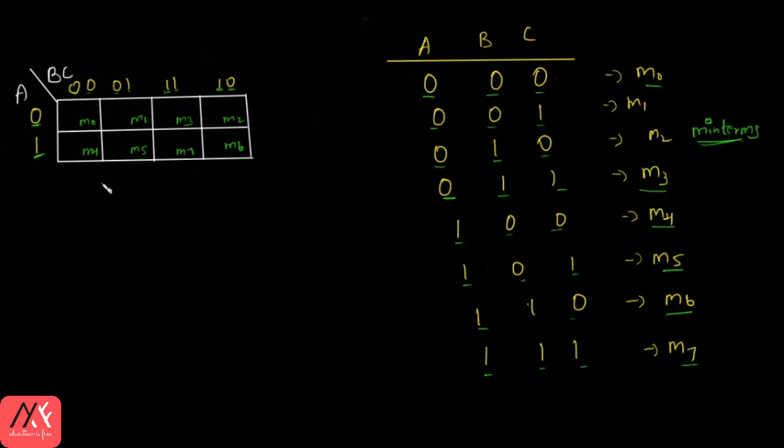Right. So let's see how to solve the groupings. M0, M1, in some textbooks they will be giving 1, 2, 3, 4. So we'll go with the grouping. How to form the groups. For example, if there is a prime implicant in M0, and there is a prime implicant in M1, and there is one in M7 and M6, right? So all you have to do is to group them like this, right?